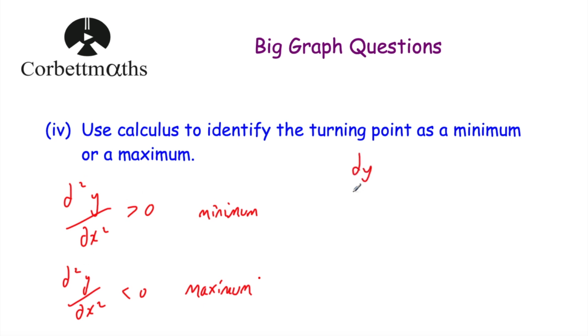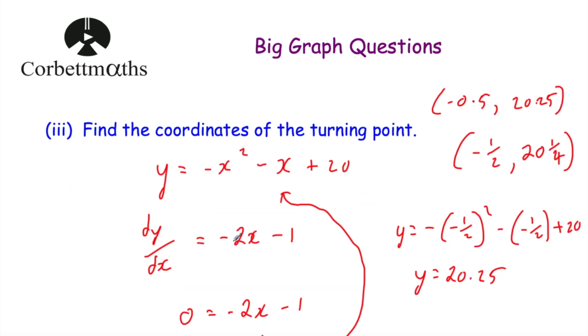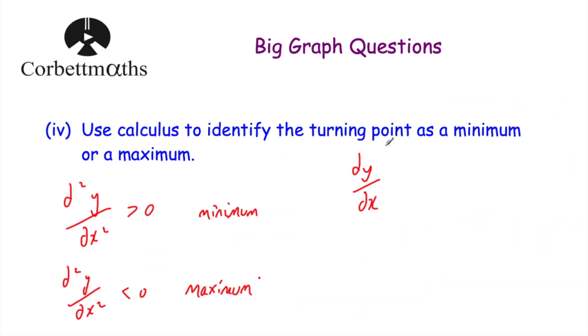So dy by dx, if we go back, was equal to minus 2x minus 1. And if we want to then find the second derivative, we need just to differentiate again. So d2y over dx squared, differentiating again. Well, minus 2x, if you differentiate that, you get minus 2. And then differentiating minus 1 will just be 0. So d2y over dx squared is minus 2.